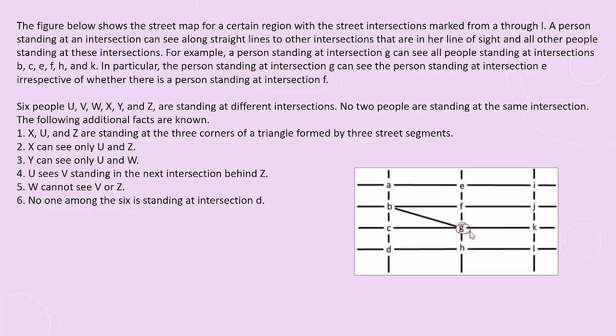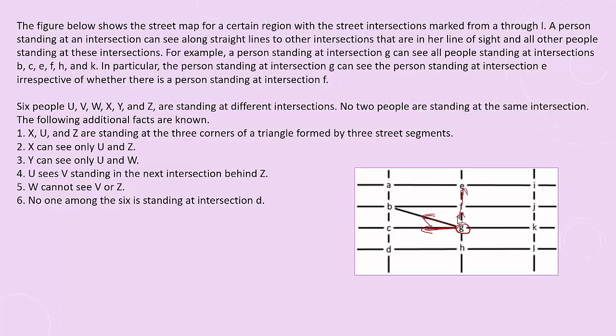If a person is available here at G, can see all people standing at intersections which is B, that means towards this side. Then C can see this one. Then E, right?